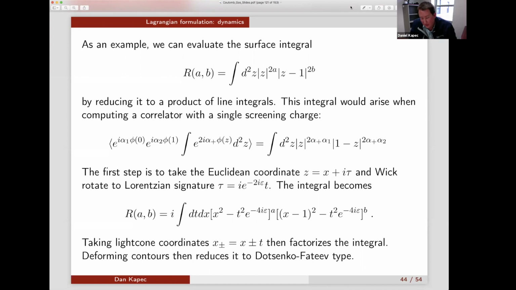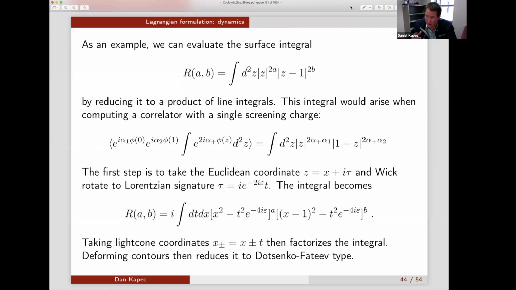No, I mean, I think really the surface integrals are kind of like a shortcut to doing the Dotsenko-Fateev holomorphic story more generally. The point is, you work holomorphically, kind of the starting point is very easy because you're just picking out these integrals, which are easy to do, but then you have to work very hard to get a nice local meaningful answer.